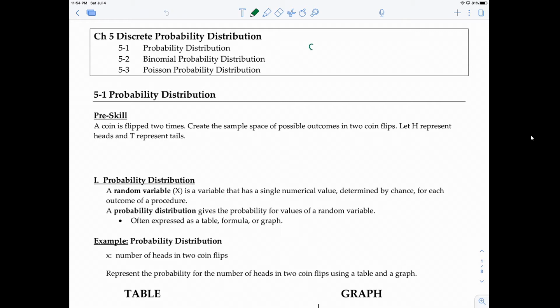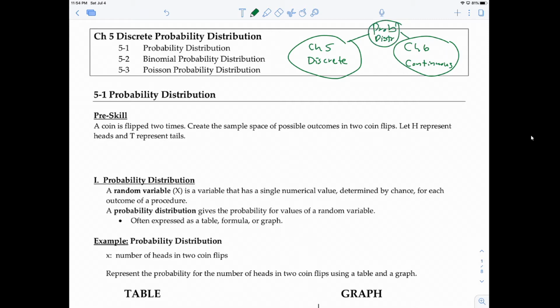So chapter 5 is discrete, whereas chapter 6 is on continuous probability distribution. Again, there are two types of probability distribution: chapter 5 is on discrete, chapter 6 on continuous.